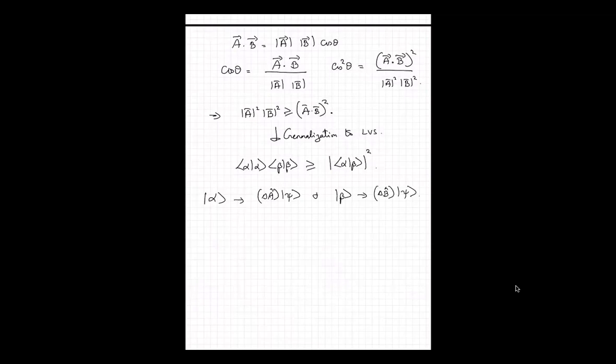Then this relation, the Cauchy-Schwartz inequality, can be written as, I'll prove this in a tutorial problem, delta A delta B is greater than or equal to 1/2 times, and there is a lot of brackets here.